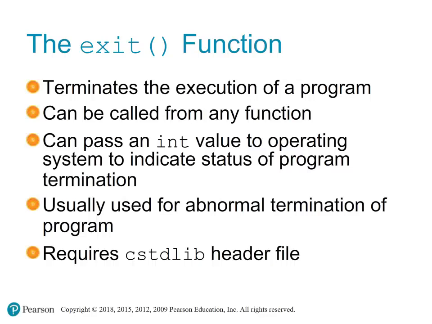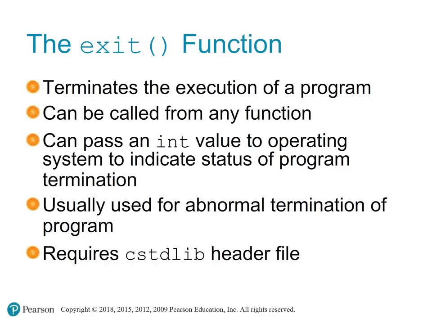While it's common to return control to the operating system by simply allowing main to return, the exit function is often used for abnormal termination scenarios, such as error conditions that make it impossible for the program to continue executing.